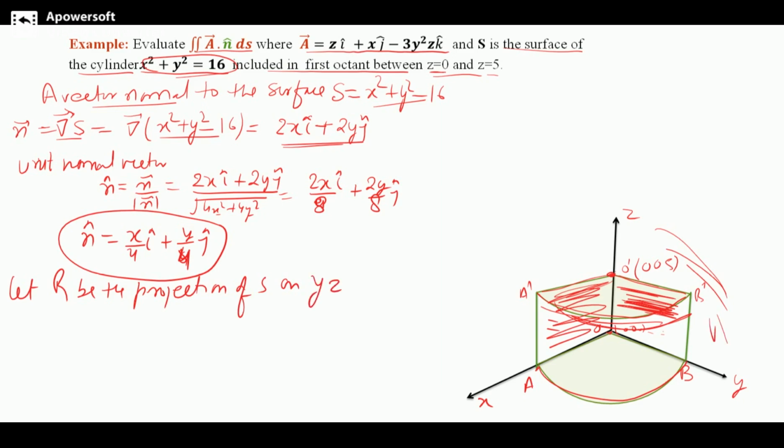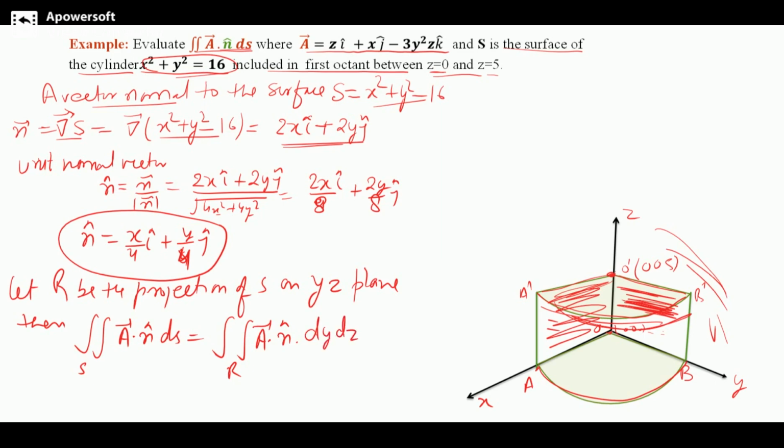Then the double integral which we have to evaluate, A dot n cap ds, becomes A dot n cap dy dz over I dot n cap, I vector dot n cap.